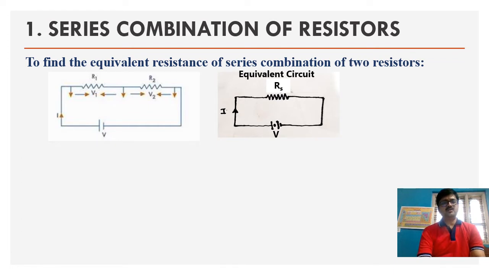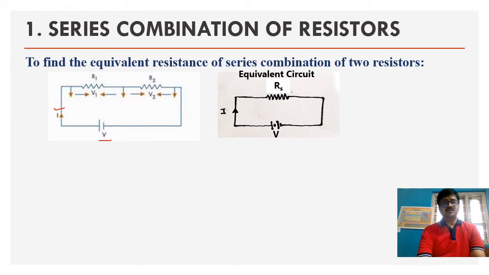R1 and R2 are both connected in series, one beside the other. They are connected by a cell of EMF capital V that has been shown, and the cell delivers a current of I into the circuit.